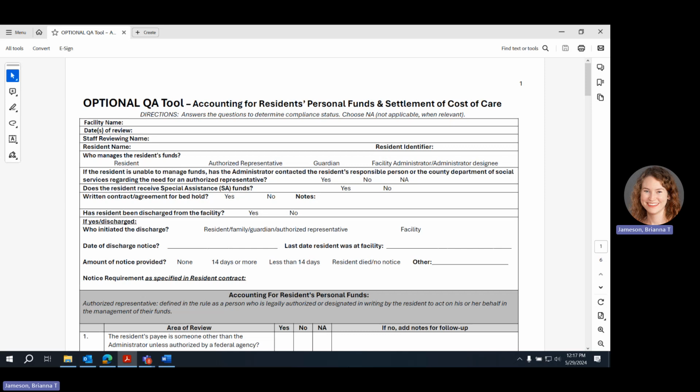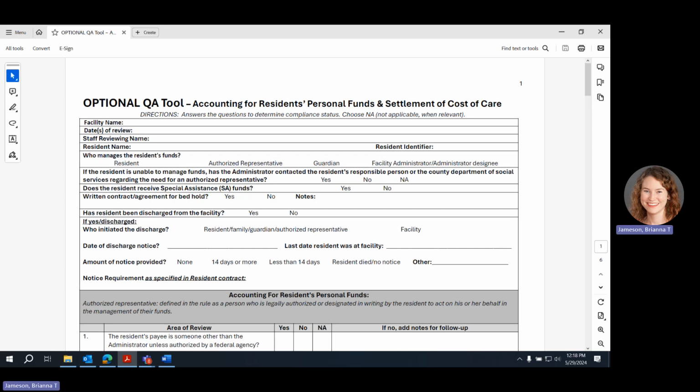Date of discharge notice. There is a space to write in the date. Last date resident was at facility. There is a space to write in the date. Amount of notice provided. You may circle any of the options. The options are none, 14 days or more, less than 14 days, resident died/no notice.